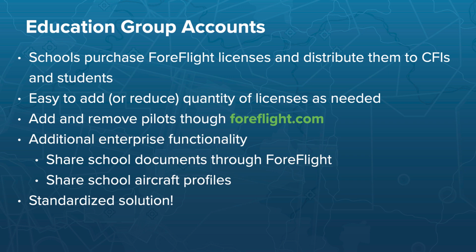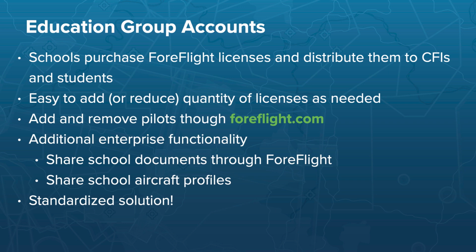Essentially, it's the ability for a flight school to purchase ForeFlight licenses and distribute them to their CFIs and students. A school can start with 10 licenses, or if you're like one of our larger flight schools, several hundred or even a few thousand for some of our university partners. It's easy to add licenses as you go.